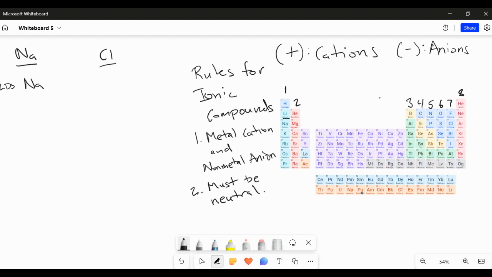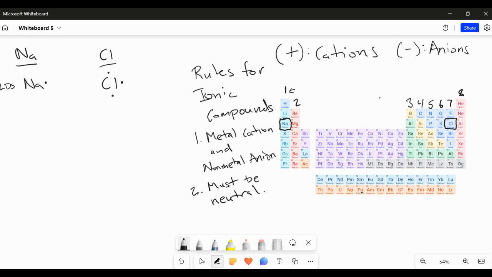Because sodium's right here, it's going to have one valence electron. So we're just going to put a dot right here. Chlorine is all the way over here in group 17, which means it's going to have 7 valence electrons. So we're going to put it like this.